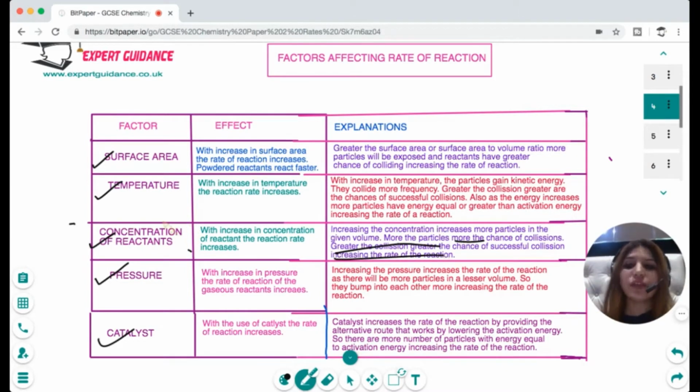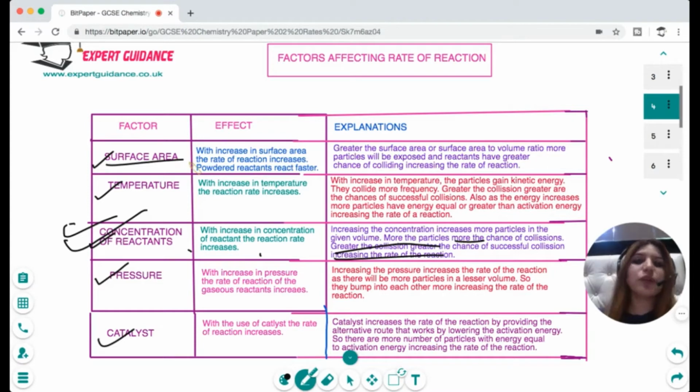So if this question comes in the exam, how concentration of reactant increases the rate of reaction, make sure you explain the collision theory, that for the reaction to occur, we require collisions and successful collisions. If there are more particles, there'll be more chances of collision and more chances of successful collision, increasing the rate of reaction.